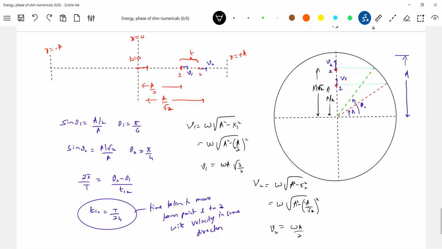Root 2 whole square, so this will be a square by 2. Is the calculation okay? Just anybody confirm? So this is the speed of the particle.